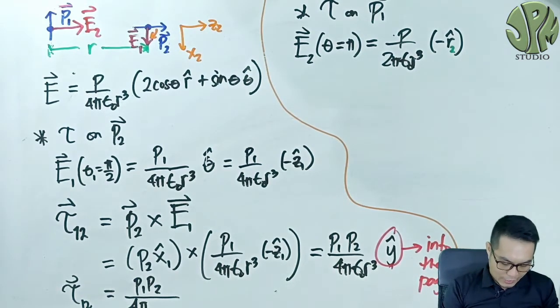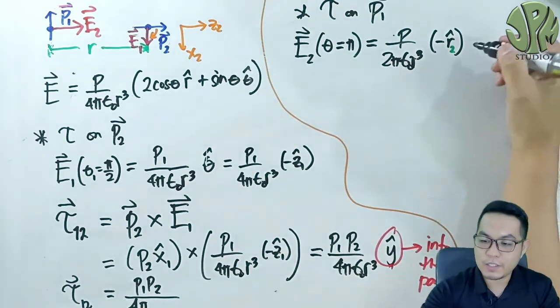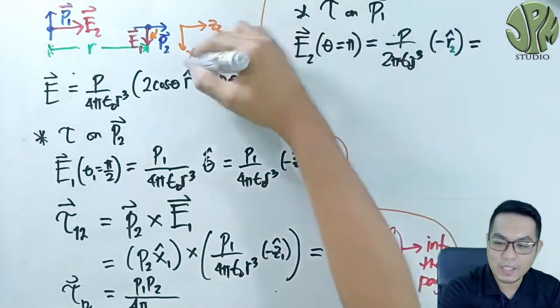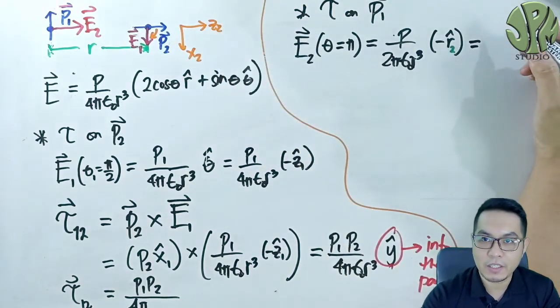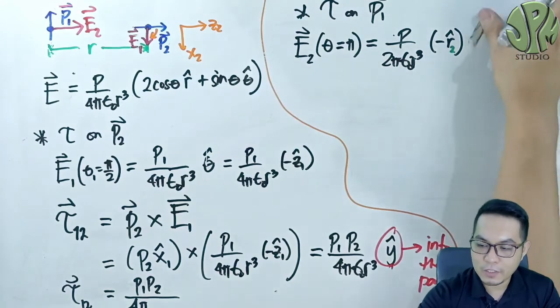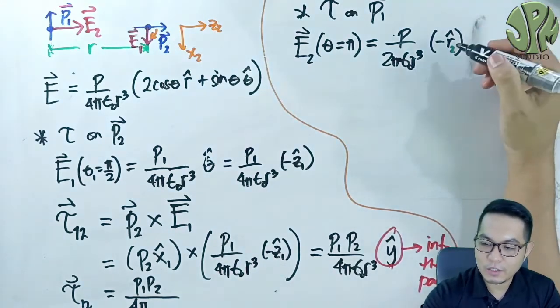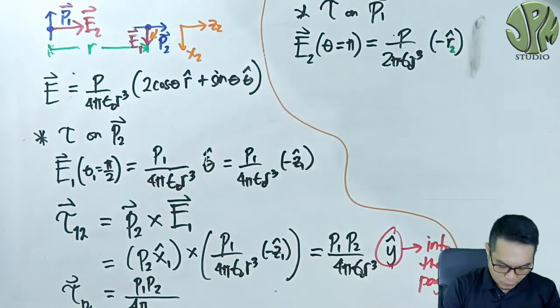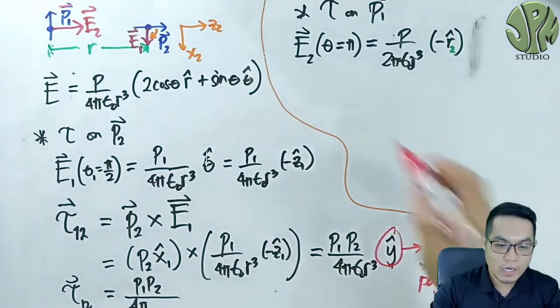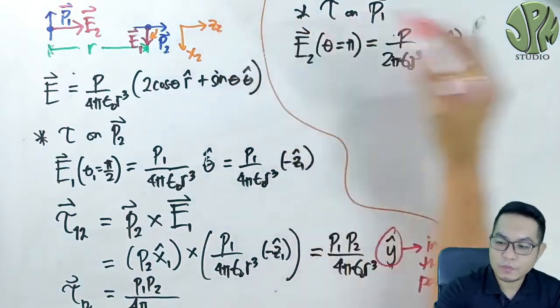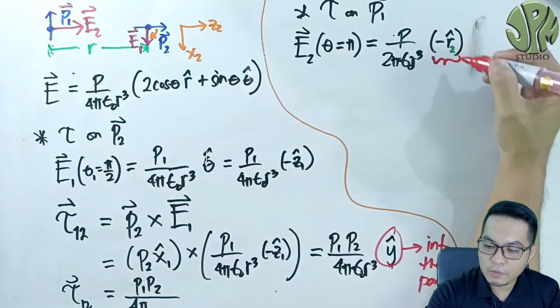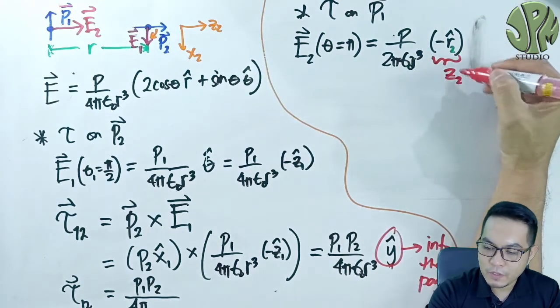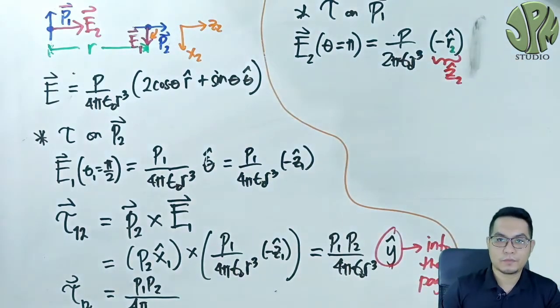So I can actually write this in terms of the axis that I defined here. In terms of the Cartesian axis, I can replace negative R2 hat by positive Z2 hat.